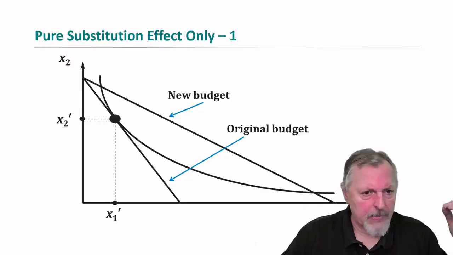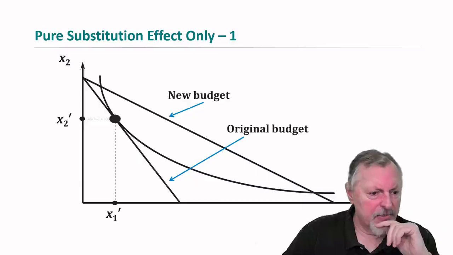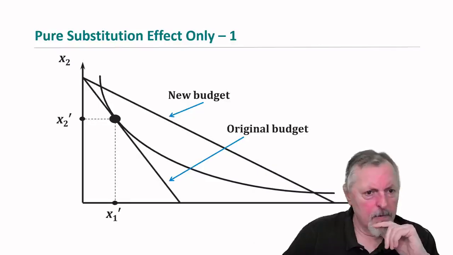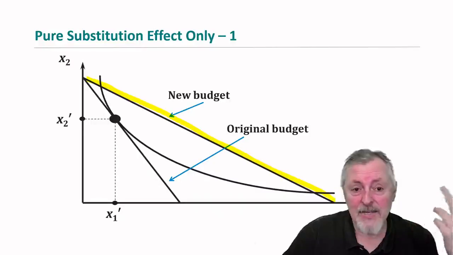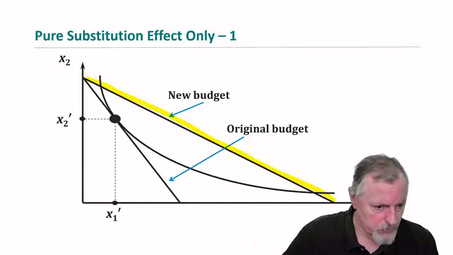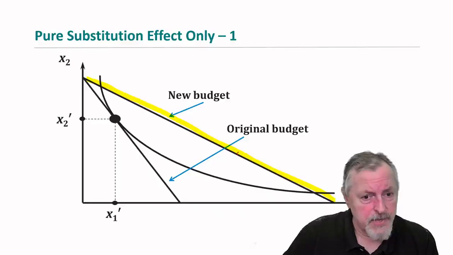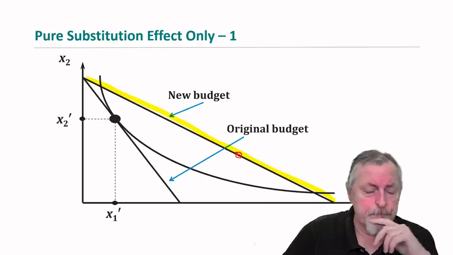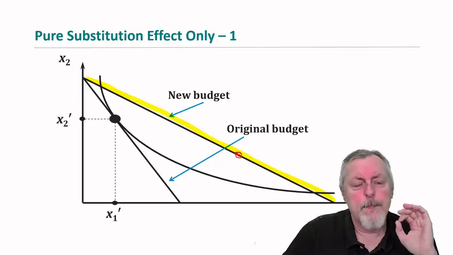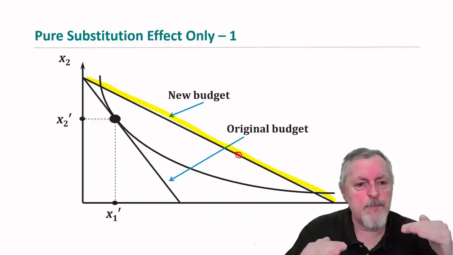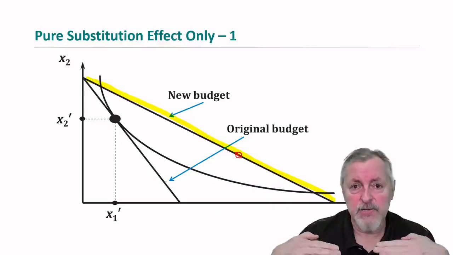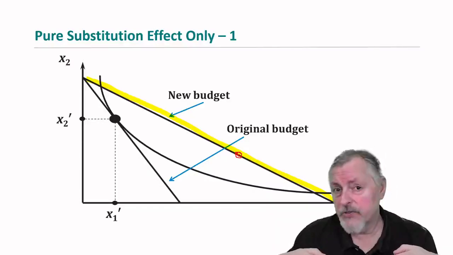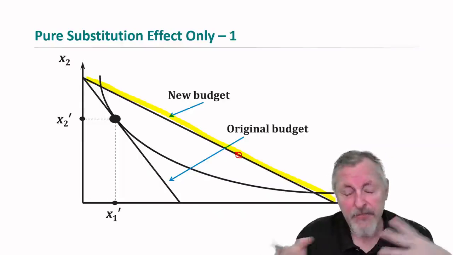Now, let's say you're at this new budget line here, and you have reallocated to, let's say, there. What if we could keep the relative prices, X1 relatively much cheaper now than X2, the thing 2.